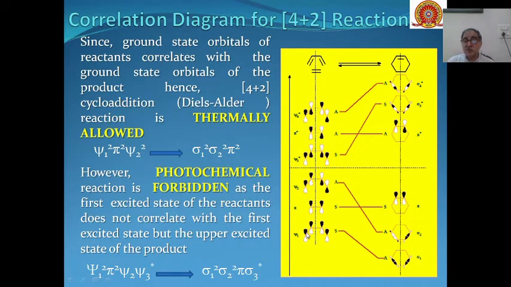So psi1, this is for ethene pi, psi2 butadiene, psi3 star butadiene, pi antibonding ethene, psi4 antibonding for butadiene.